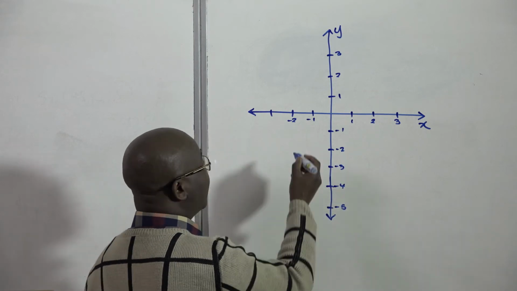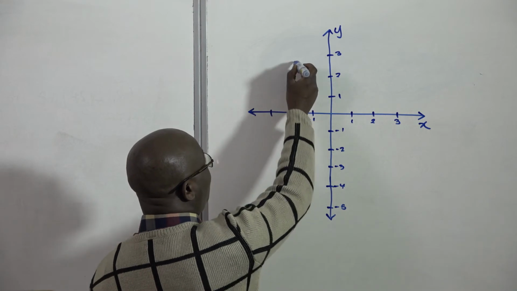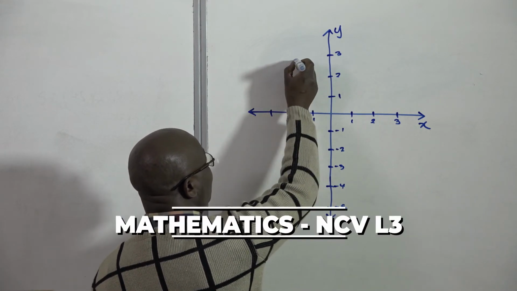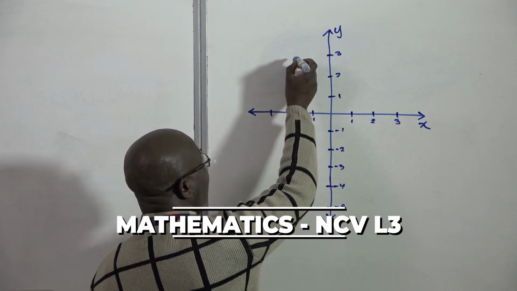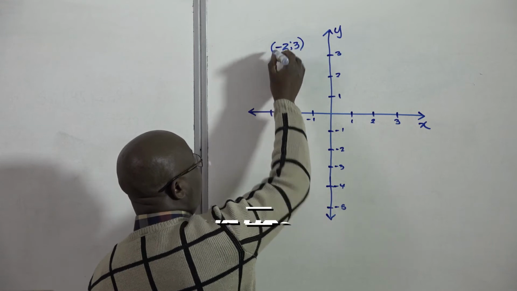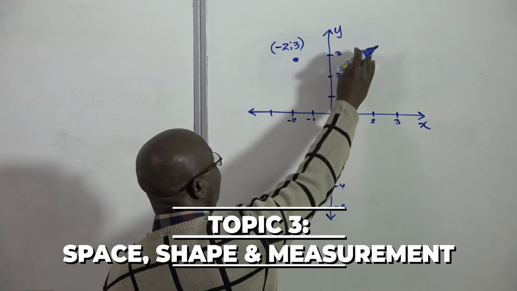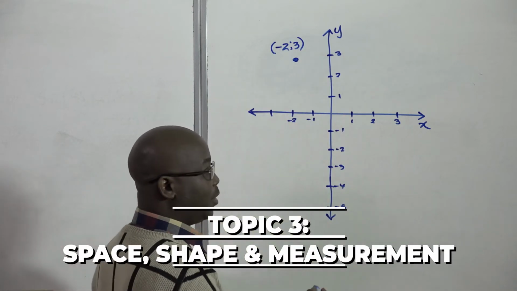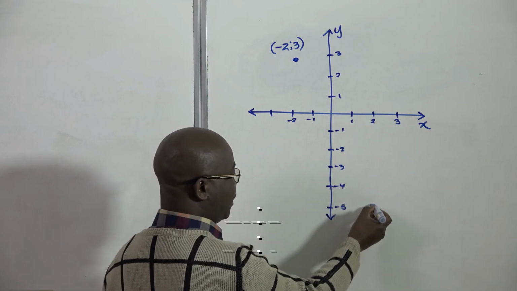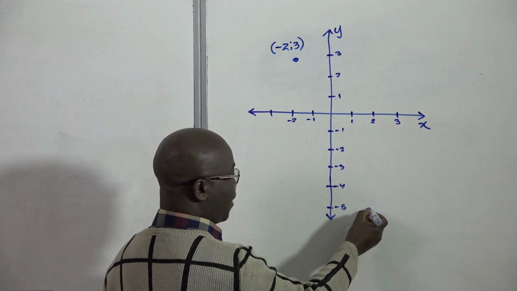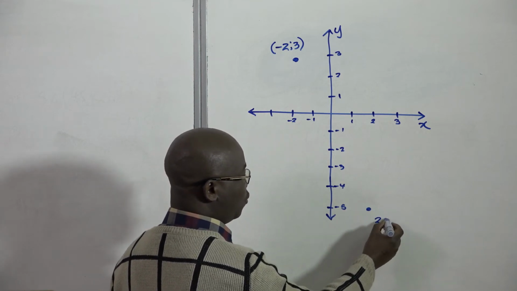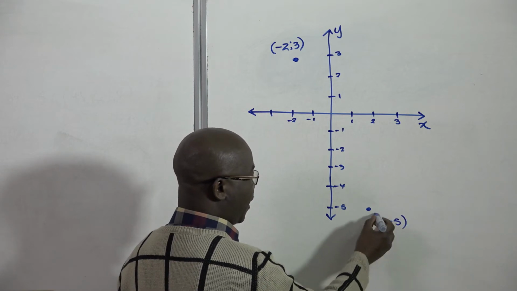So the point (-2, 3) will be -2 from the x-axis and 3 from the y-axis. The second point is (2, -5). This is 2 from the x-axis, and then this is 5 minus 5 from the y-axis. That becomes (2, -5).